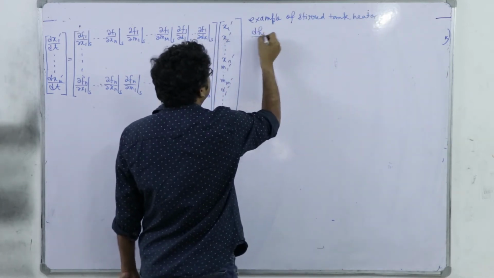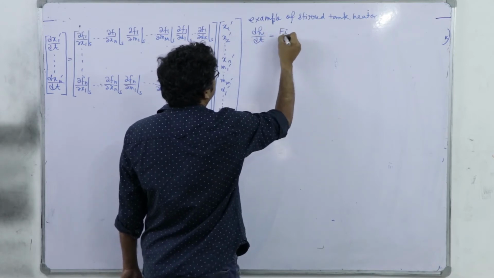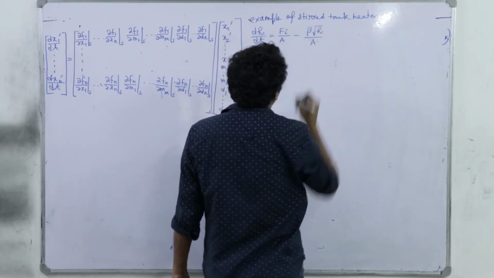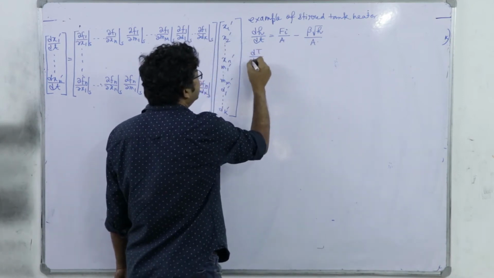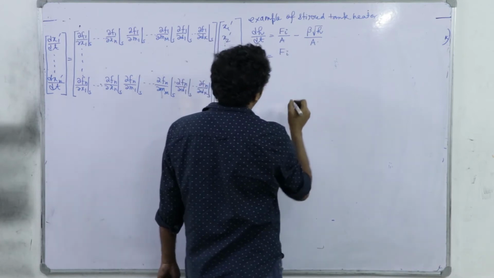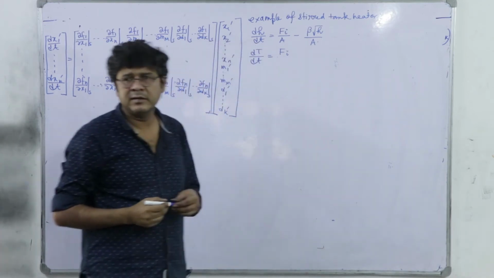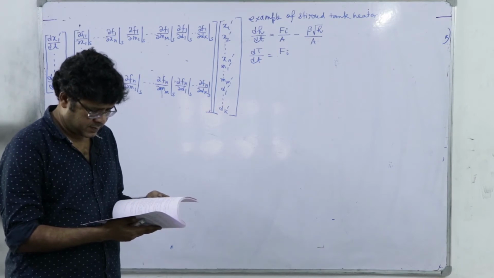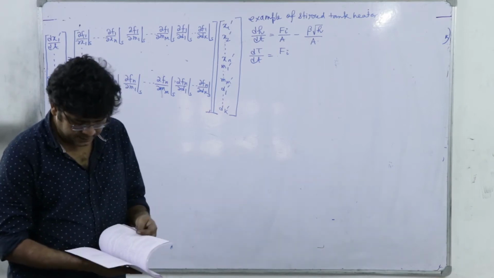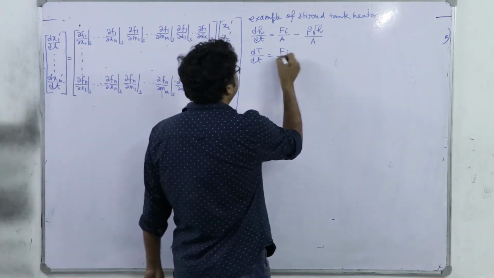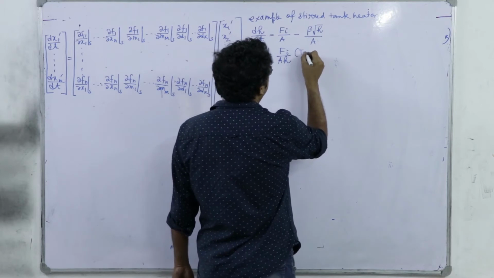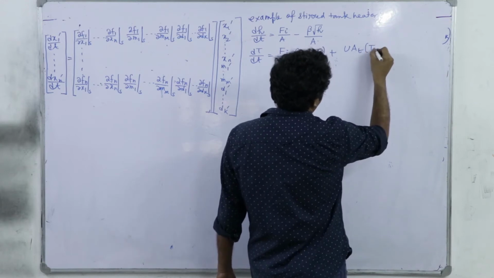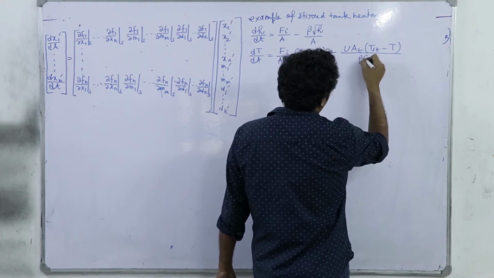So, dH dt is equal to Fi by A minus beta into root H by A, right, and dT dt will be Fi divided by A into H into Ti minus T, plus U into At into T steam minus T, divided by rho Cp.